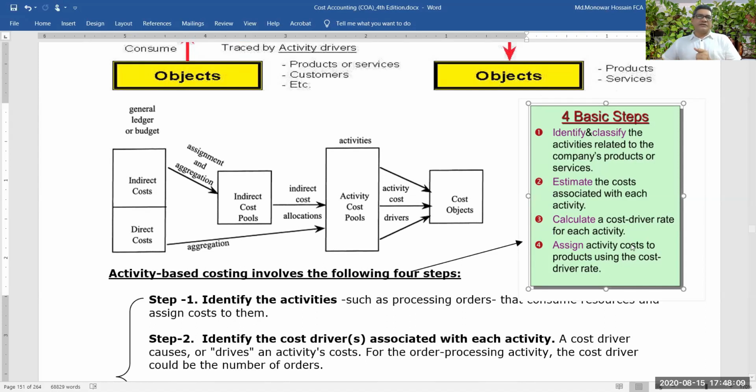Look here, this is the general ledger budget, indirect cost and direct cost assigned to the aggregation and the indirect cost pool, then allocated to the activity cost pool, then activity cost divided by the driver, and the cost object is here.